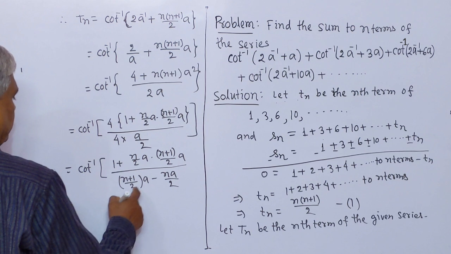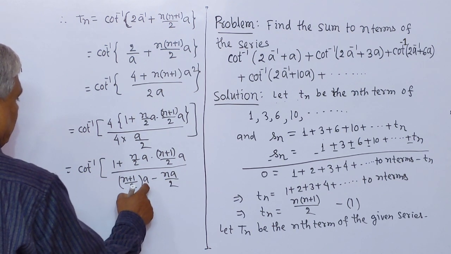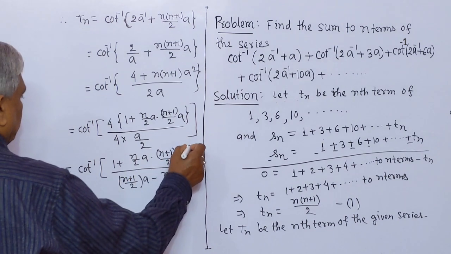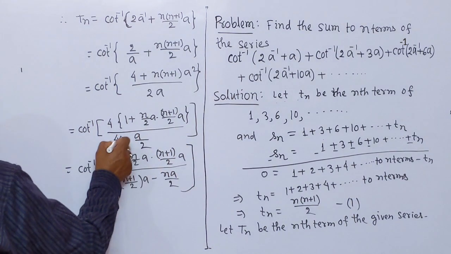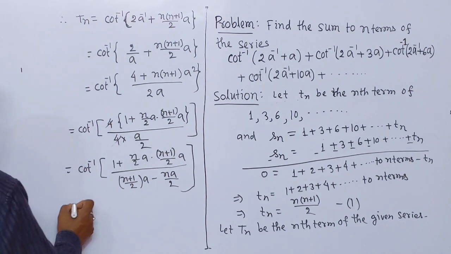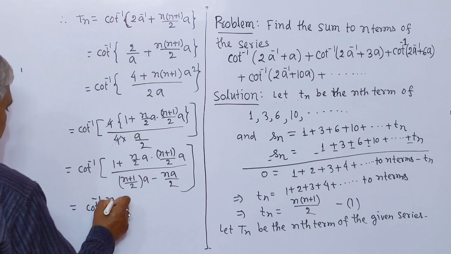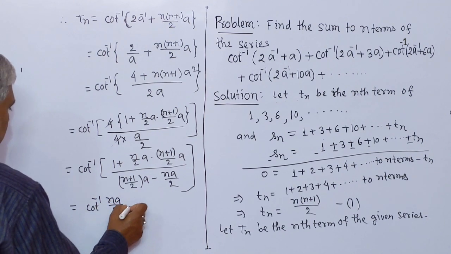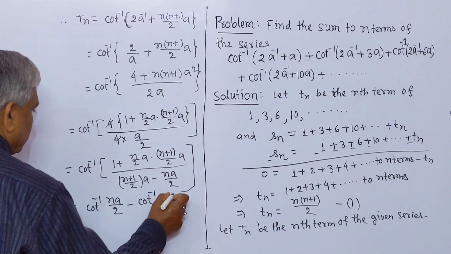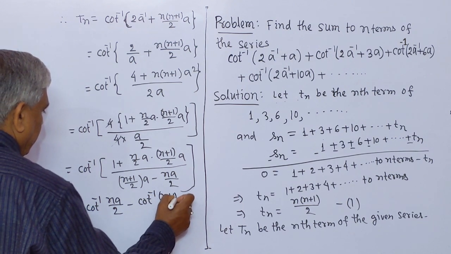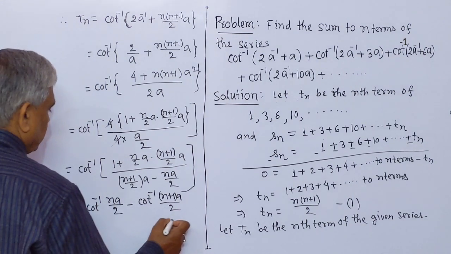Here n by 2a and n by 2a cancel, only remains a by 2. So here a by 2 and this 4 cancel. This equal to cot inverse n a by 2 minus cot inverse (n plus 1) a by 2. This is number 2.